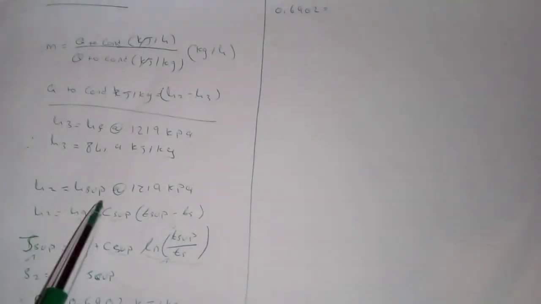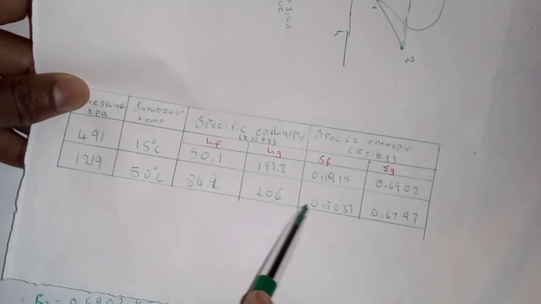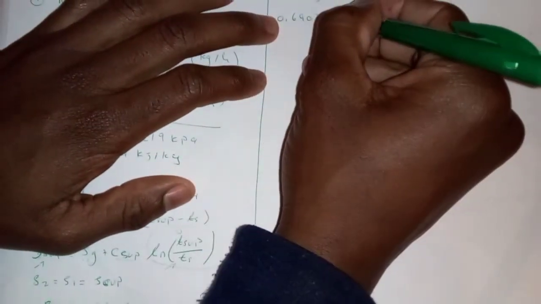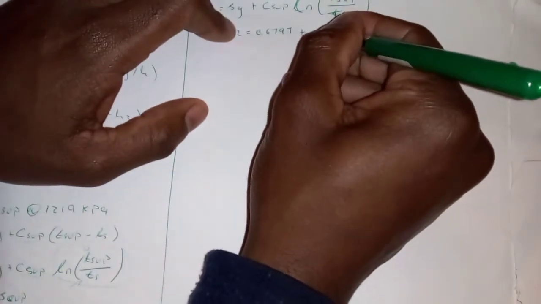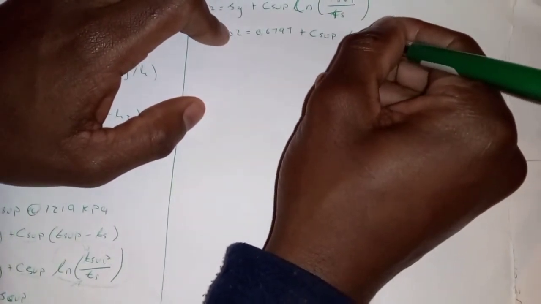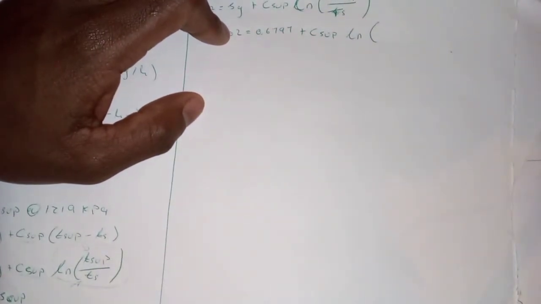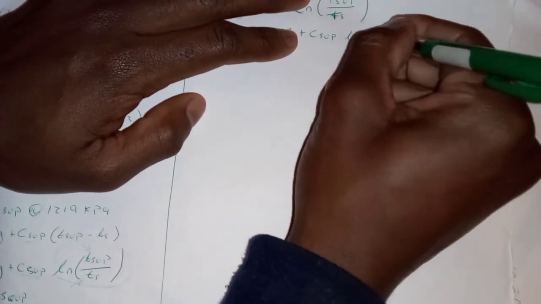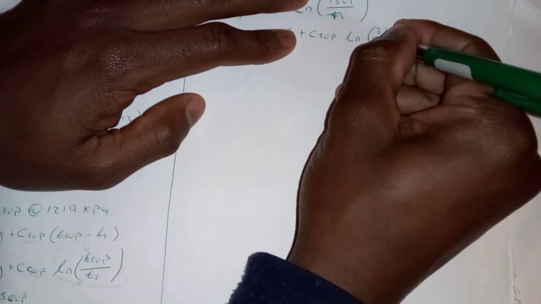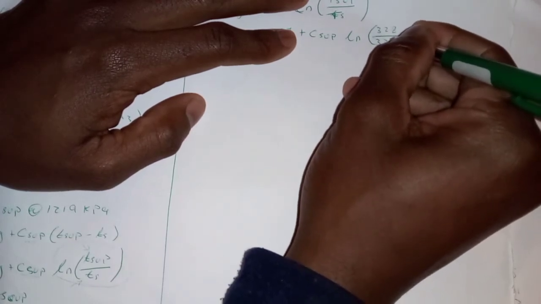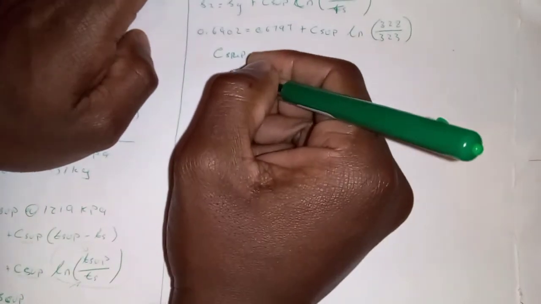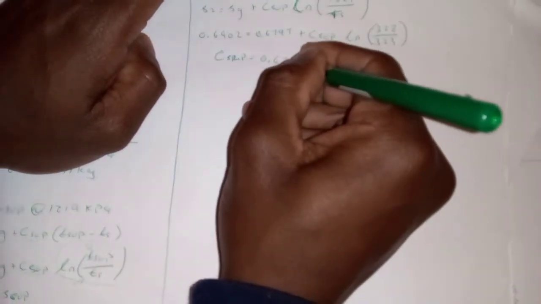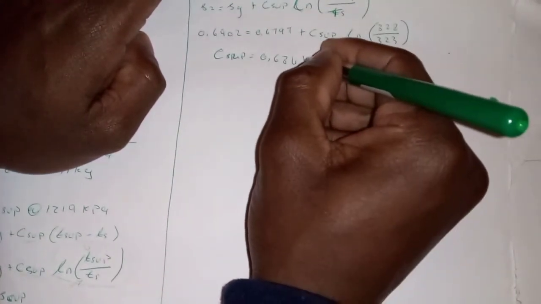Our Sg at that pressure we get from the table, it's 0.6797. What are we looking for? We're looking for the specific heat capacity of superheated steam, times ln of the temperature for superheated steam, 328, divided by the saturation temperature, 323. Then we solve for the only unknown in our equation, and I got it as 0.684 kilojoules per kg Kelvin.